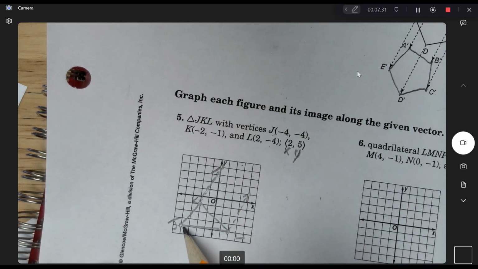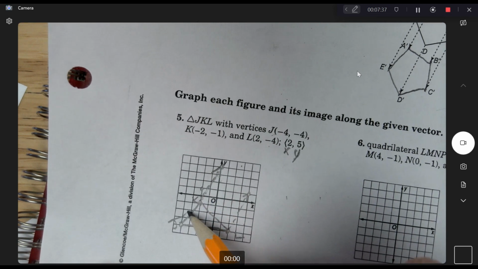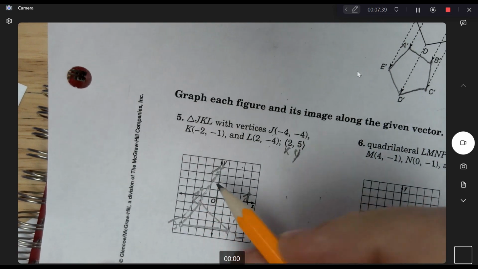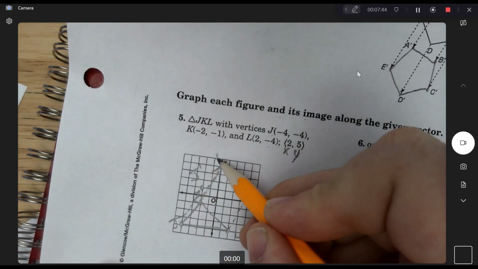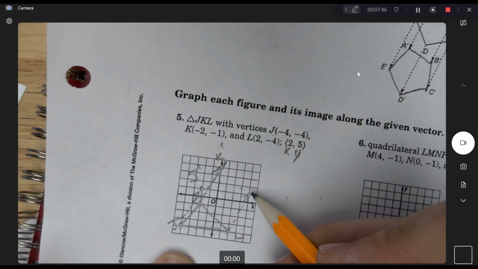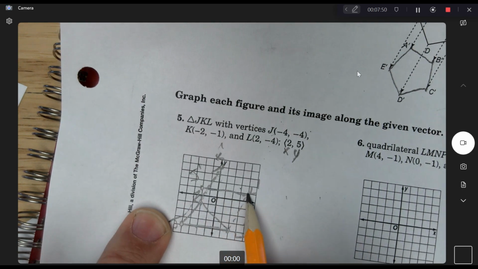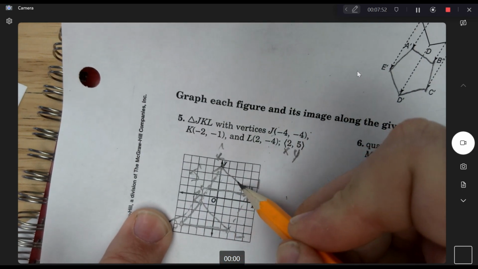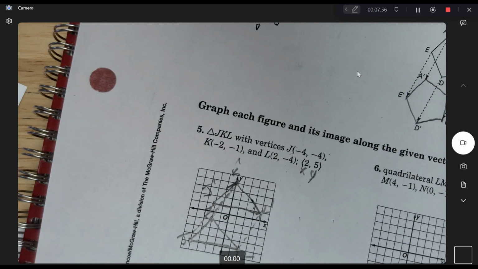The last one goes to the right 2 and up 1, 2, 3, 4, 5. So there's the vector there. So these points become J prime, K prime, and L prime. And you can just connect them.